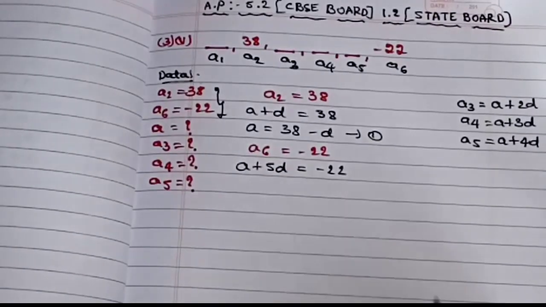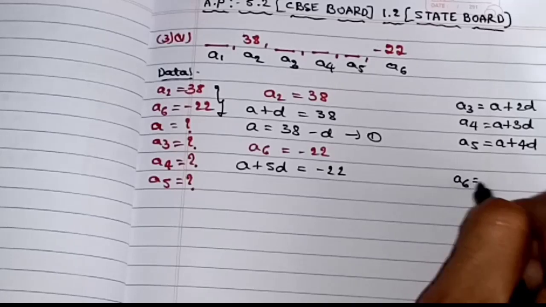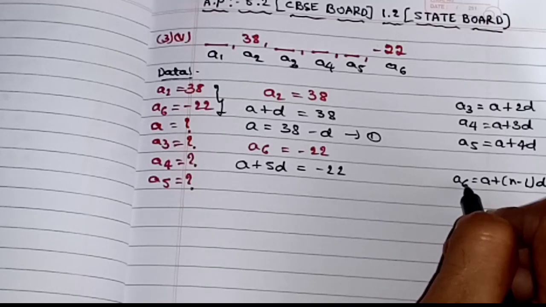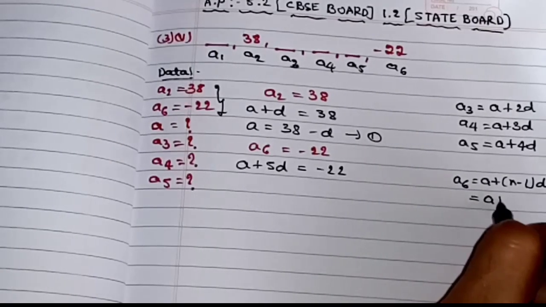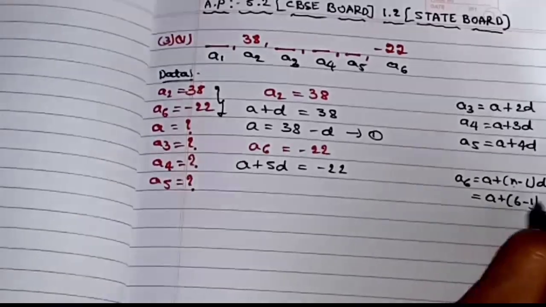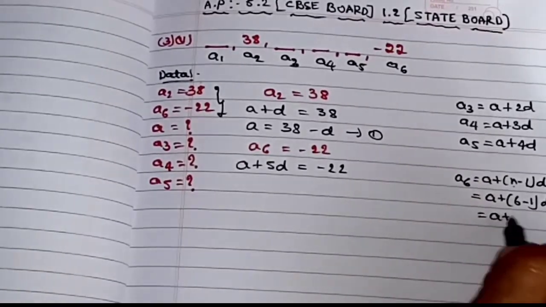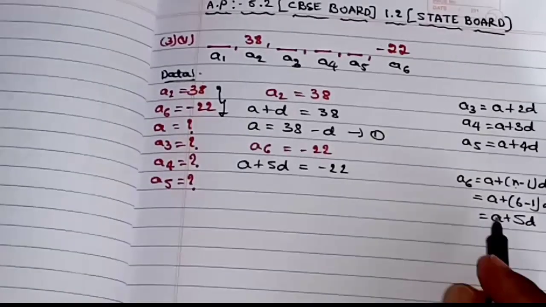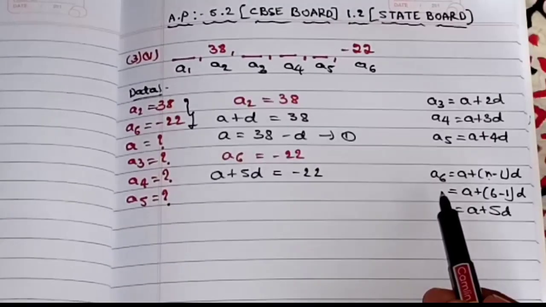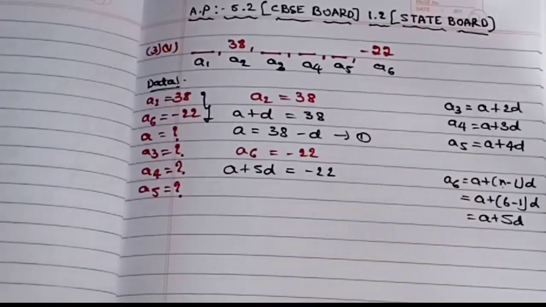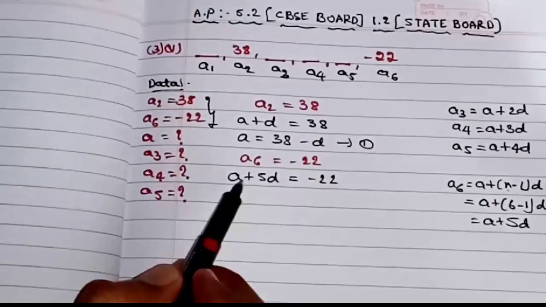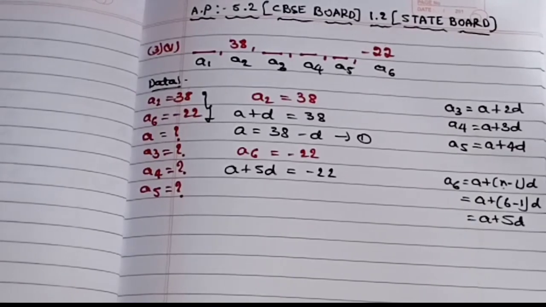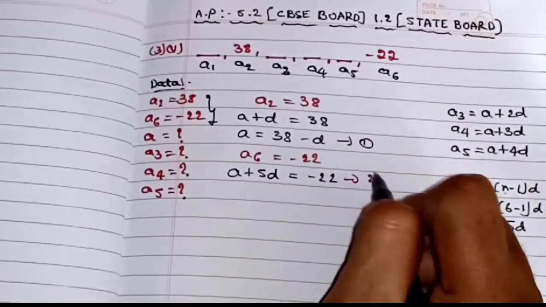So a sixth term is a plus n minus 1 into d, and n they have given as 6th term. So therefore a plus 6 minus 1 into d, that's equal to a plus 5d, nothing but 5 into d. So this is the formula to find the a sixth term by using the nth term formula. So I have written here a sixth term as a plus 5d. Okay, now call it as equation number 2.